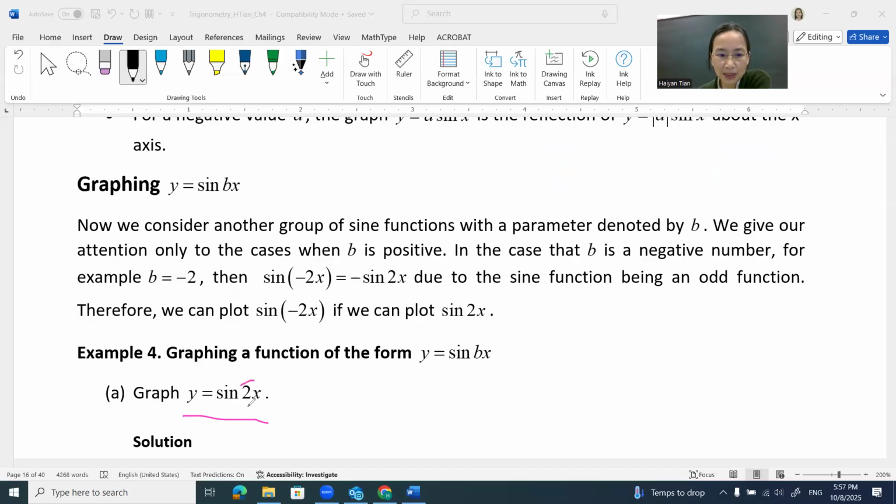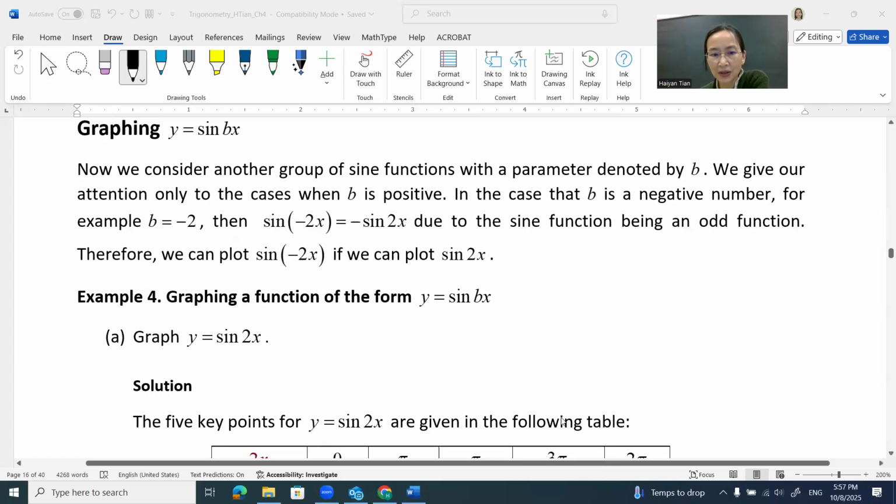Here, b is a positive 2, but be careful, this 2 is not the 2 from before, right? It is a 2 inside the sine function. So we want to graph the sine of 2x. We still want to think of the 2x as a whole thing.